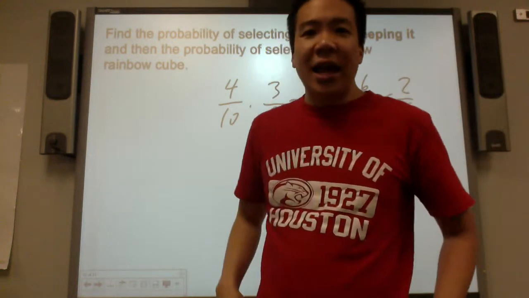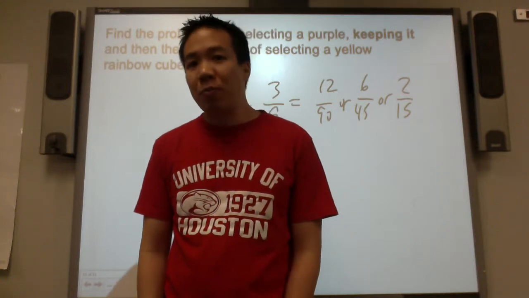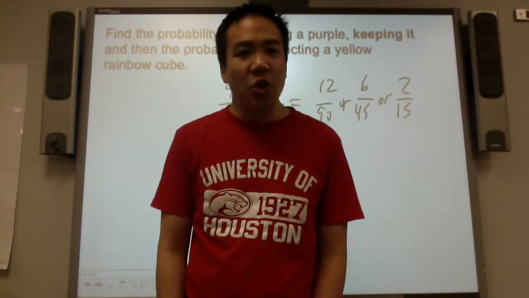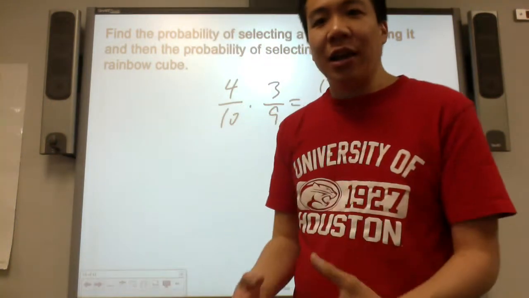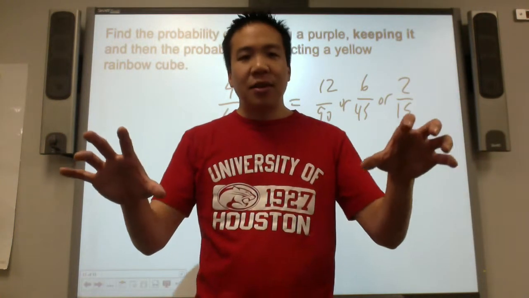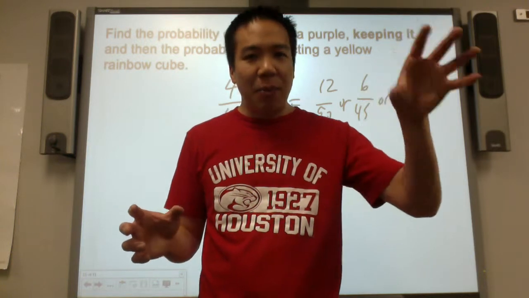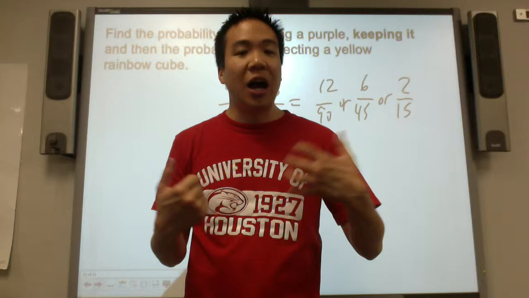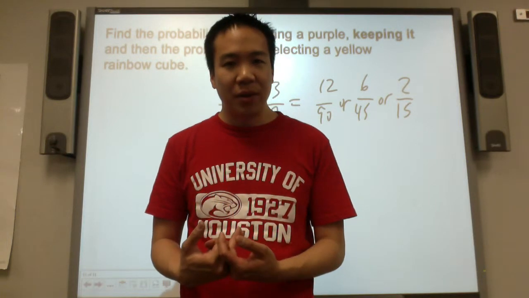So what we talked about today is independent and dependent, with replacement or without replacement. So it does matter if it says with replacement. That means you're leaving it. That means you have two separate events. Nothing happens. So you find the probability of the first event, the probability of the second event, then you multiply the two numbers to find the probability or odds of something happening.